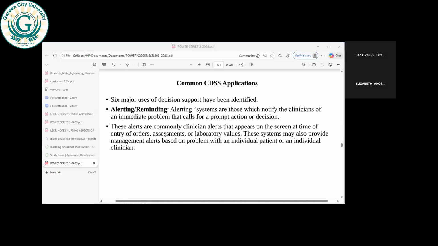So any input that you make with the LIMS that deviates from normal is going to alert you so that you are able to take the necessary interventions. Thank you. Okay, that's a very good one.